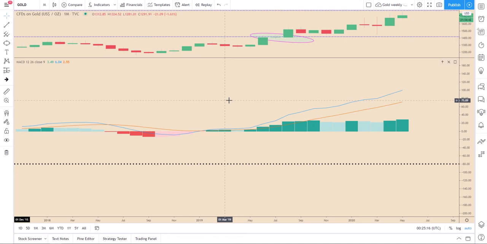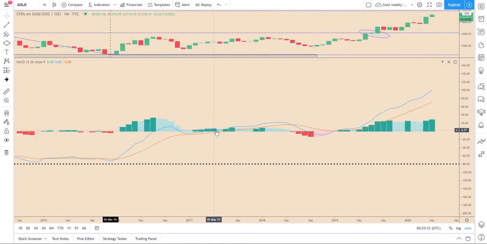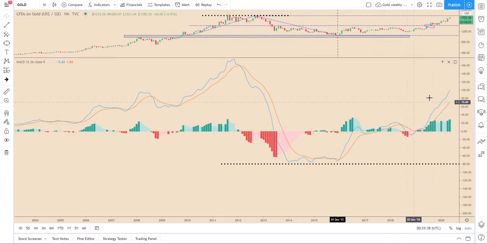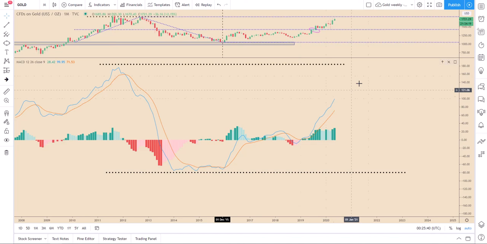And so for a MACD trader, someone who is using the MACD as a trading or investment strategy, that's a buy signal back in February of 19. Let's go long the gold market based on this buy signal in MACD.